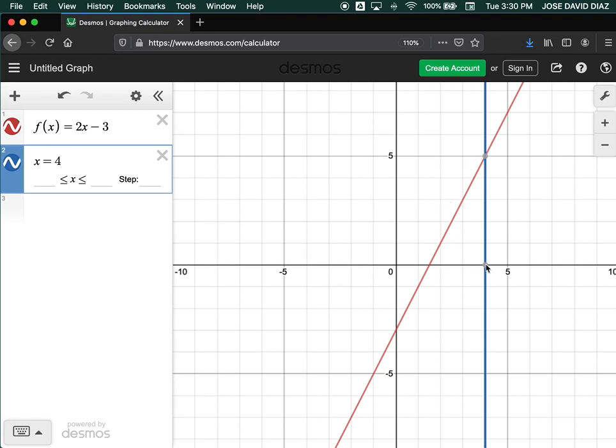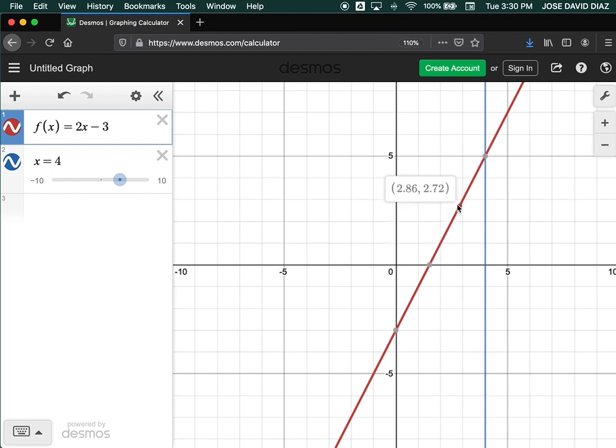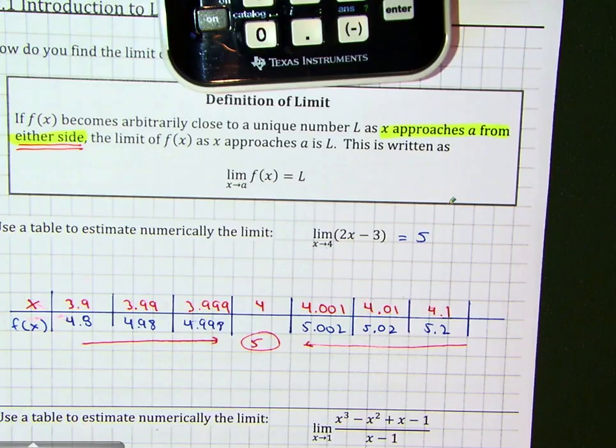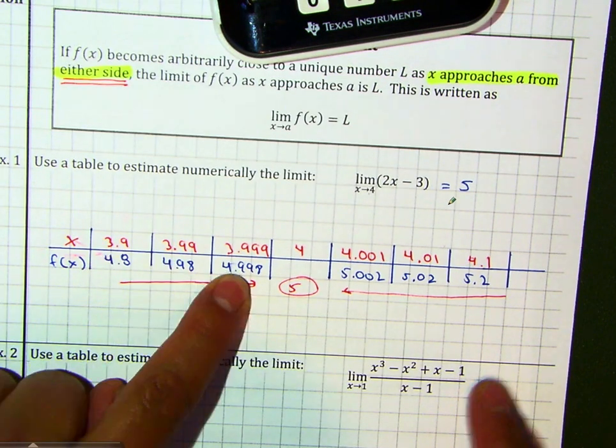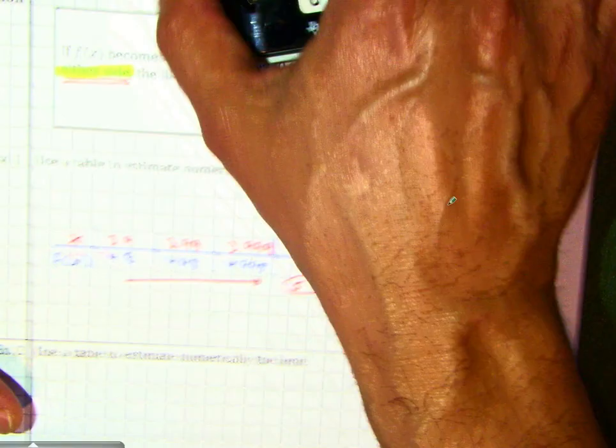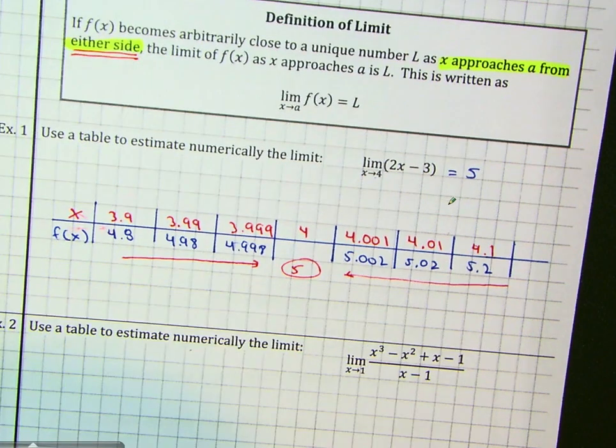As we get closer and closer to 4, the x value is 2.1, 2.2, 2.7, 2.9, 3.1. What's happening to the y value? The y value is getting closer and closer to 5, correct? From the left. And from the right is just that. But this is just using a table. We can confirm that from the left it approaches 5, from the right it approaches 5. Let's go to example number 2.